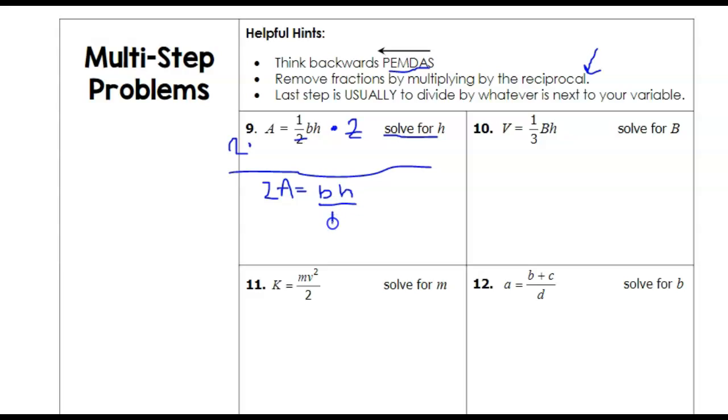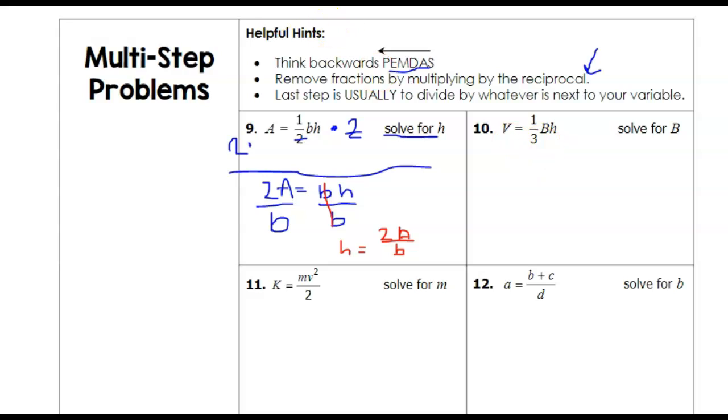So I'm going to divide both sides by b. And now I've solved for h. The b's cancel. I end up with h equaling 2A divided by b. 2A over b.